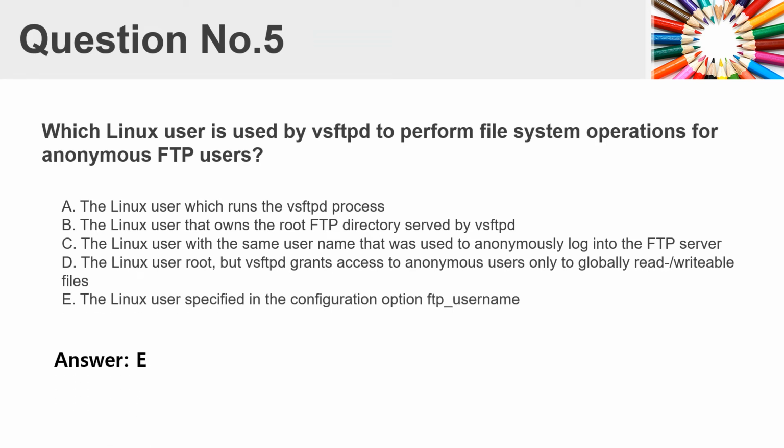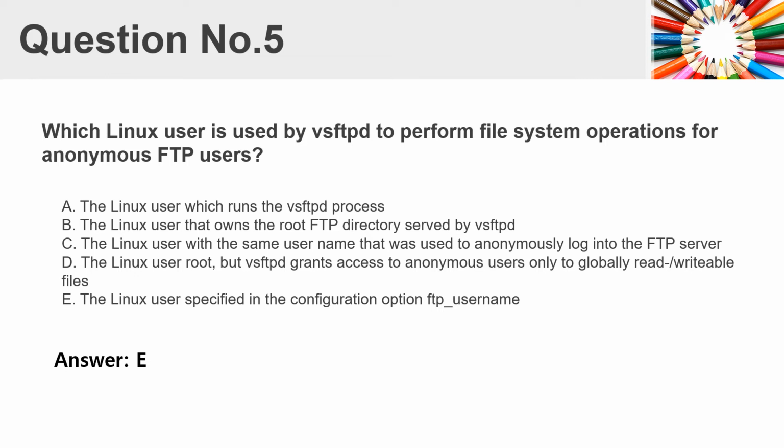Question number 5. Which Linux user is used by vsftpd to perform file system operations for anonymous FTP users? A. The Linux user which runs the vsftpd process. B. The Linux user that owns the root FTP directory served by vsftpd.